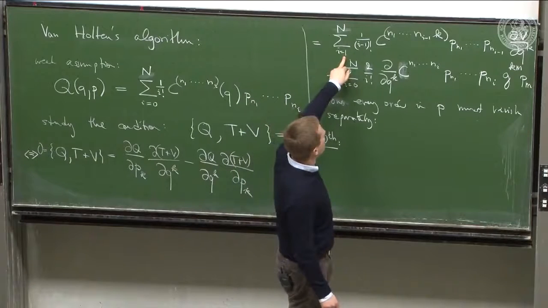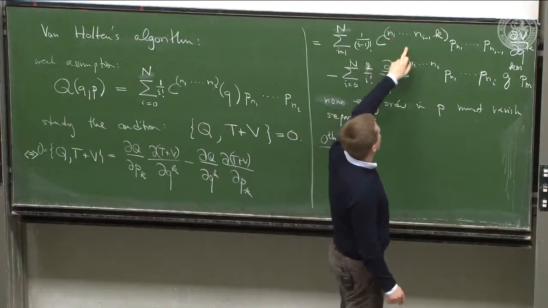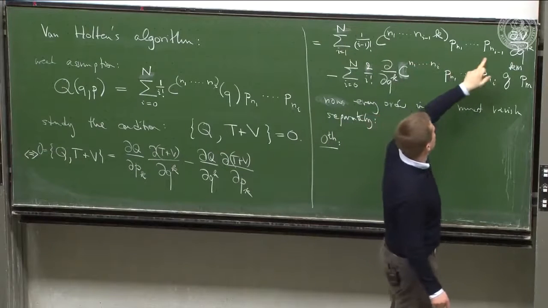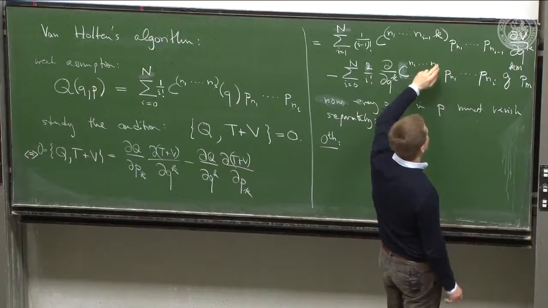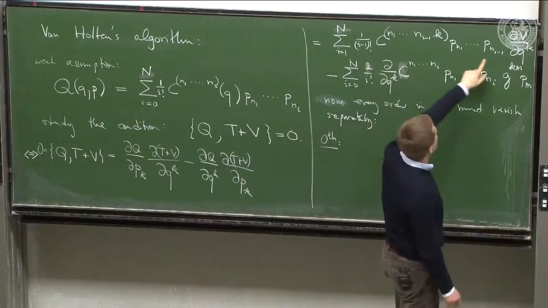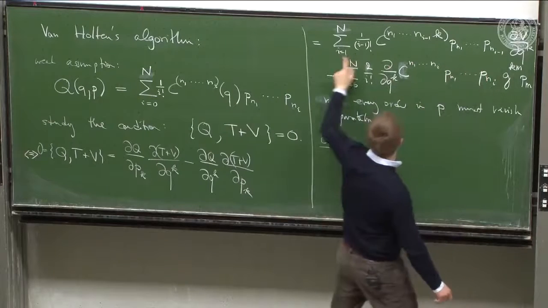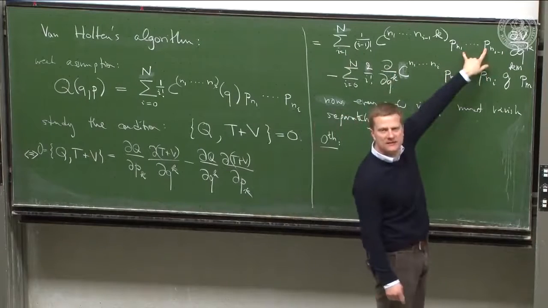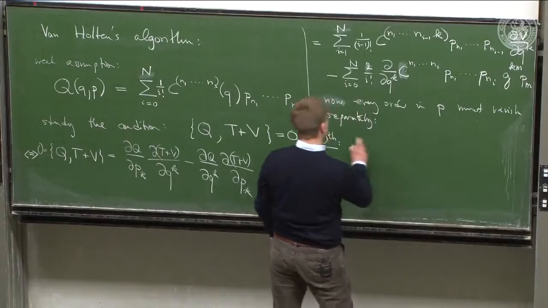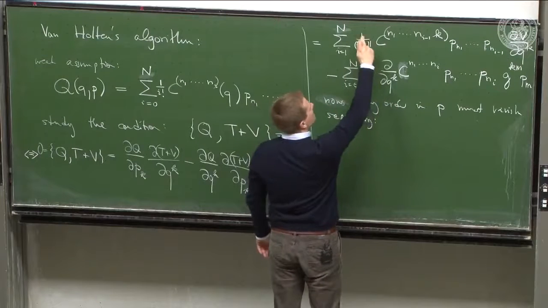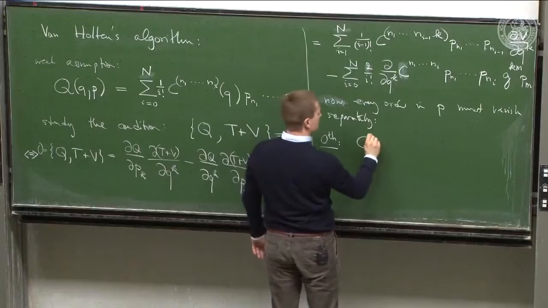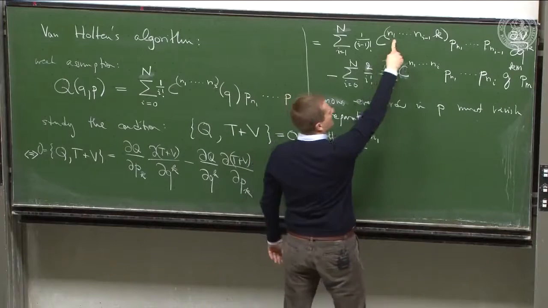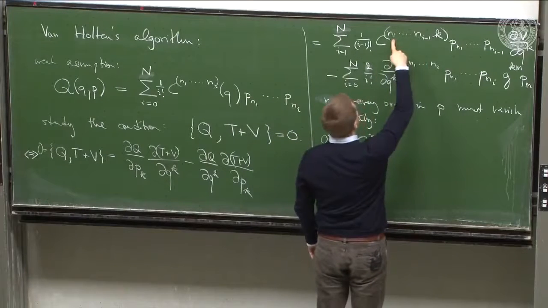We run from I equals 1, right, from n up to n_(i minus 1). Hang on. So these are I minus 1 p's. If I is 1, I have 0 p's. That's a 0th order contribution. So that is 1 over 0 factorial is 1, is c n1.